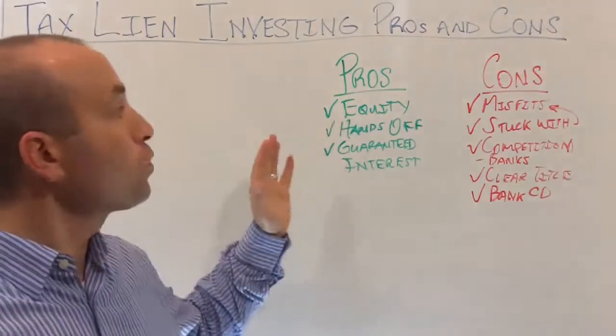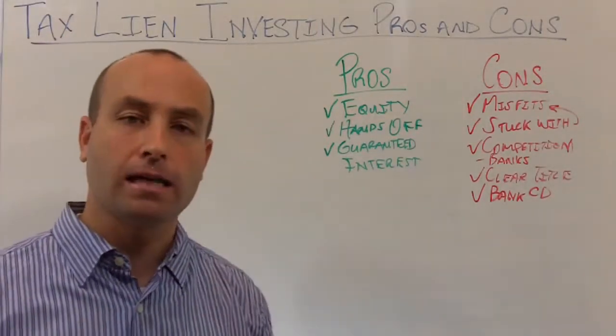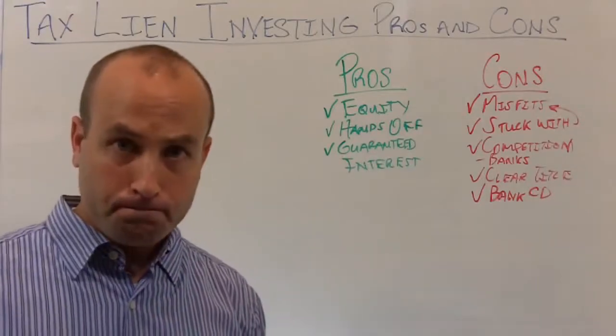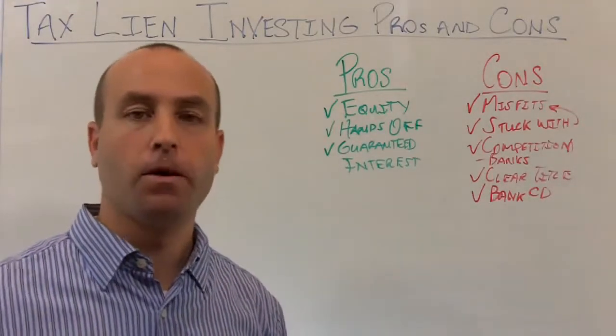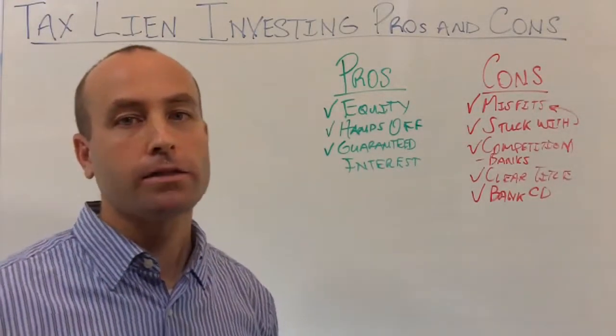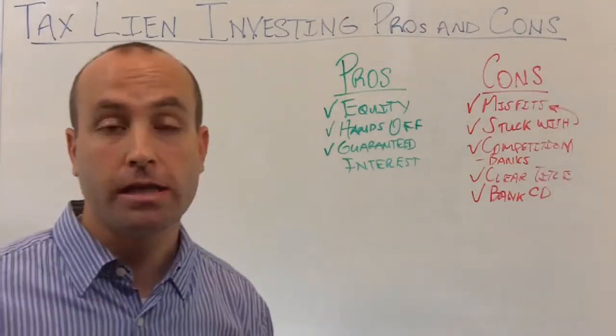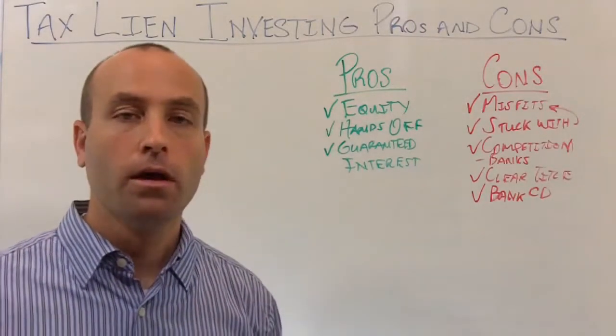All right, so those are really the pros and the cons of tax lien investing. Now, like I said, I don't do it because I have a better place to put my money. I do like to check out those tax deed auctions in the states that have them. That can be a good little niche.